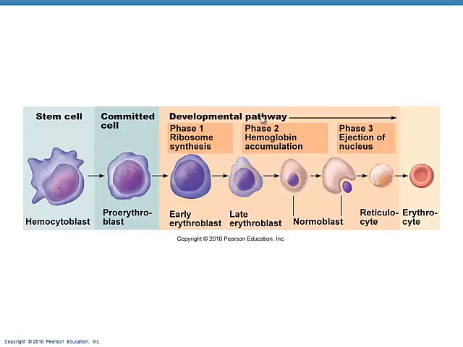hematopoietic stem cell. And where do I find this cell type? Where's that immature cell? It's in the red bone marrow. So hematopoietic stem cells, hemocytoblasts, they're in the red bone marrow, and they have the ability to mature through some sort of stimulation.